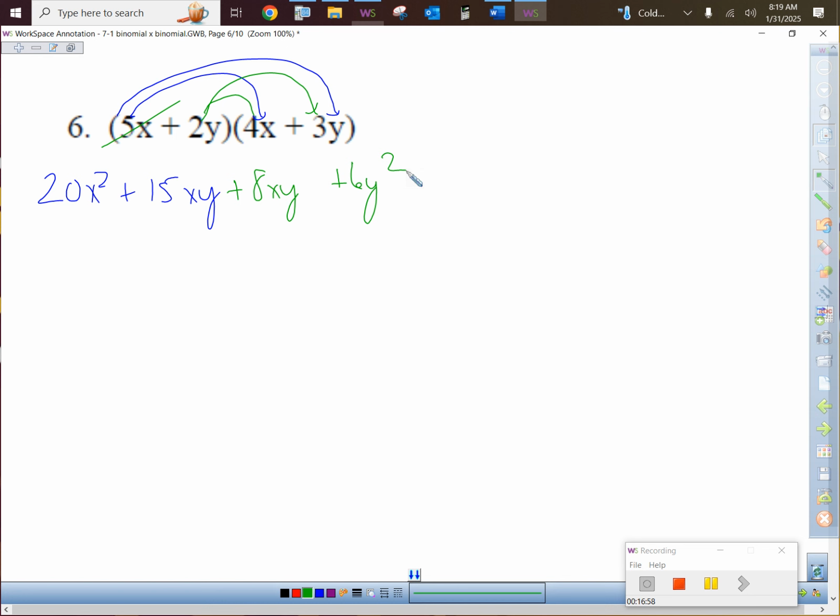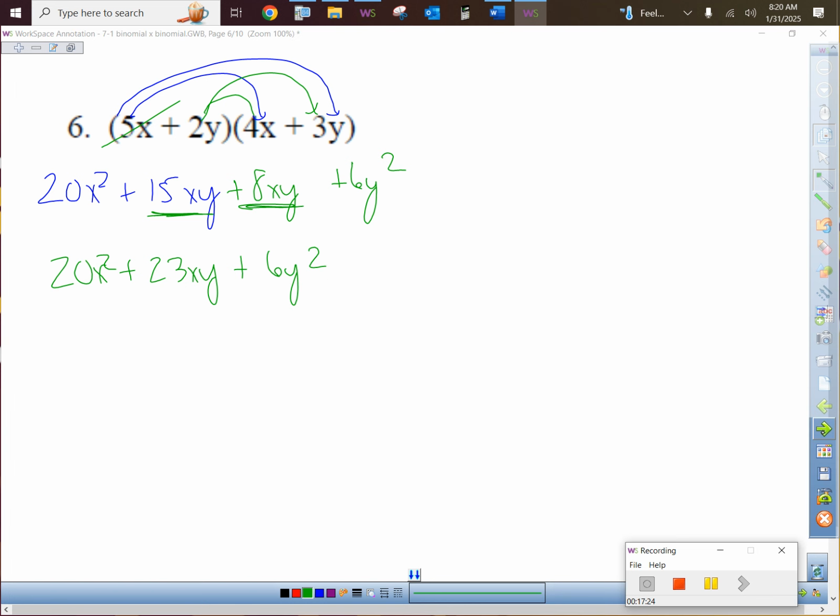Did you get the same 4 terms I did before you combined any like terms? Cool. Are there any like terms? Sometimes there's not. You know, we'll see that shortly here. Are there any like terms? Yes, xy's. So 20x squared plus, how many xy's did you get? 23xy's plus 6y squared. Cool.